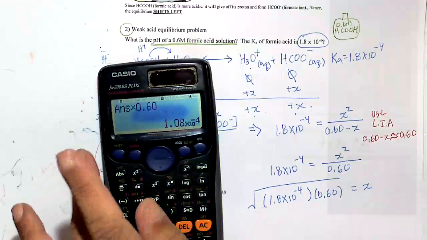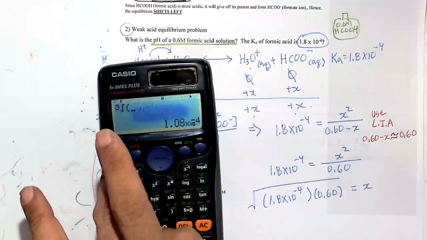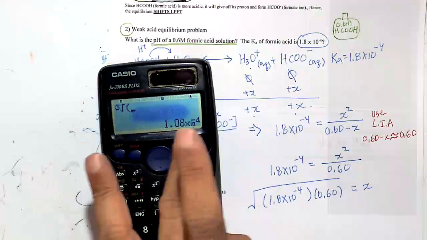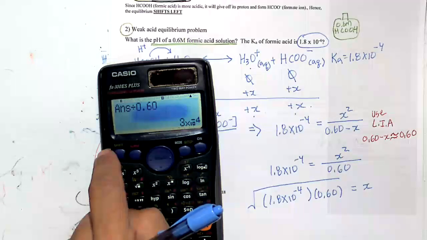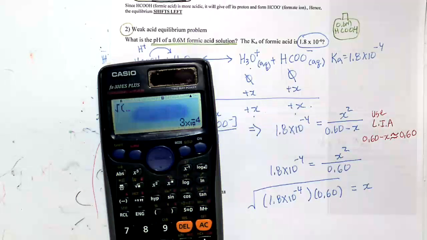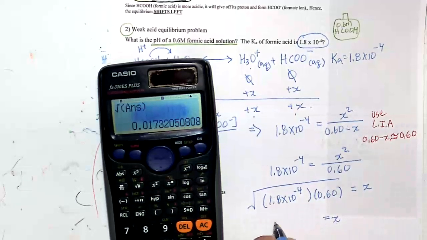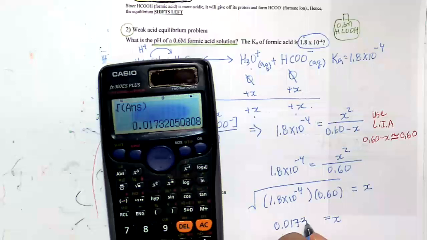Where's the square root button on my calculator? World's worst calculator. All right, I think it's 0.0173. If anybody can verify that for me, 0.0173 molar.